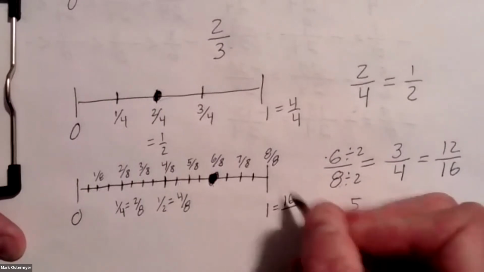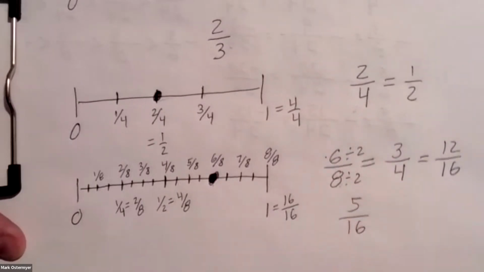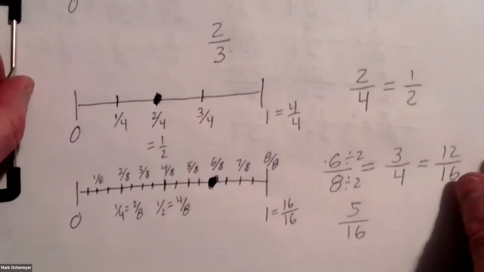Another name for 1 or 8/8 is 16/16. So that makes sense how you can take an interval and keep subdividing it into smaller and smaller units. You could go on forever: 64ths, 128ths, 256ths, 512ths.